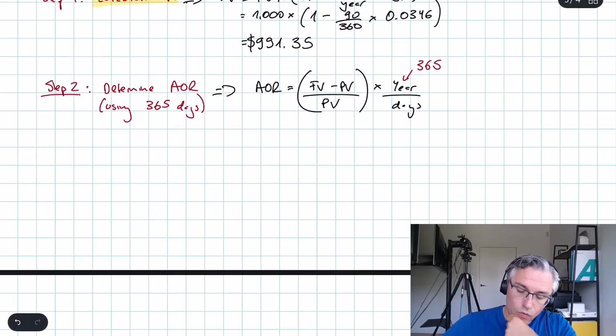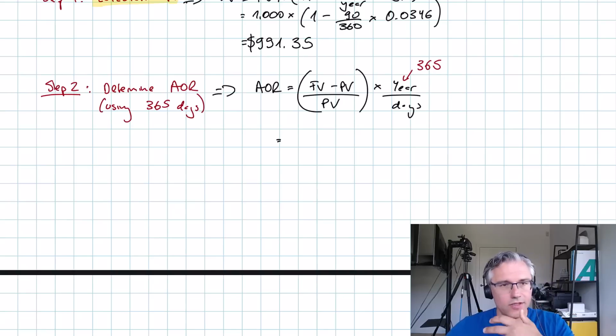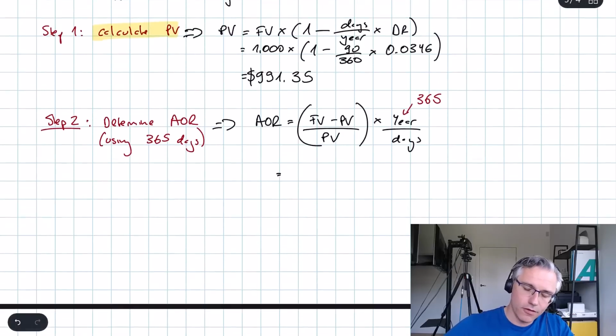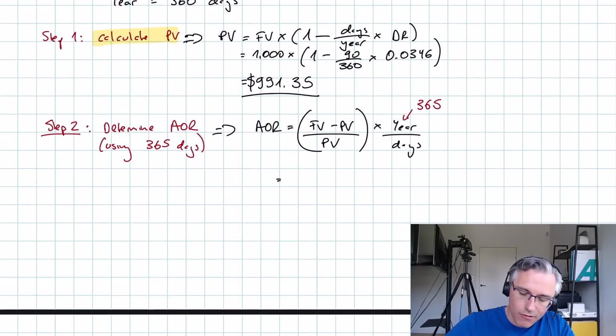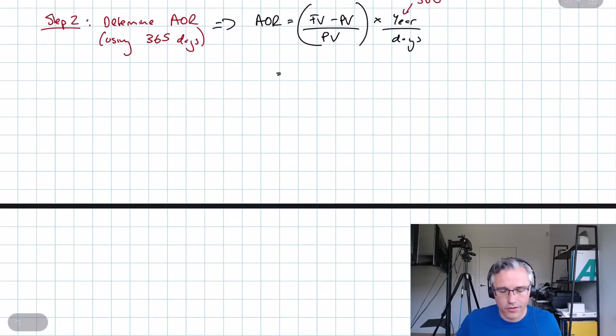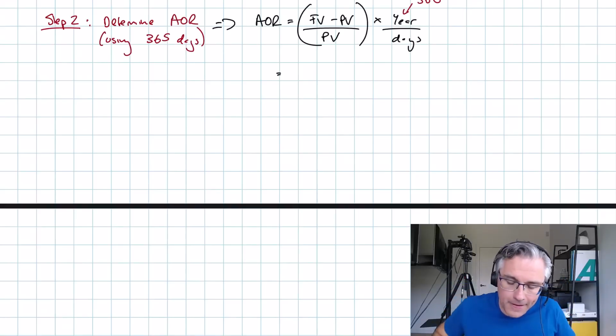Okay, so don't stick to the previous convention of using a 360-day year because it was given in the question. That was relevant for computing the price. Once you've got the price under the DR approach, you then scale up to get the AOR under a 365-day assumption.